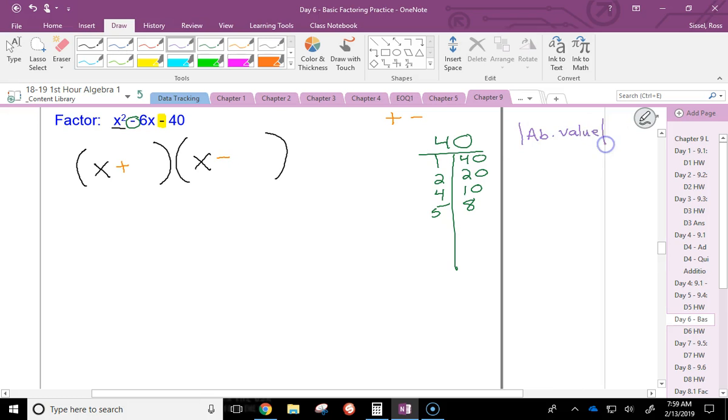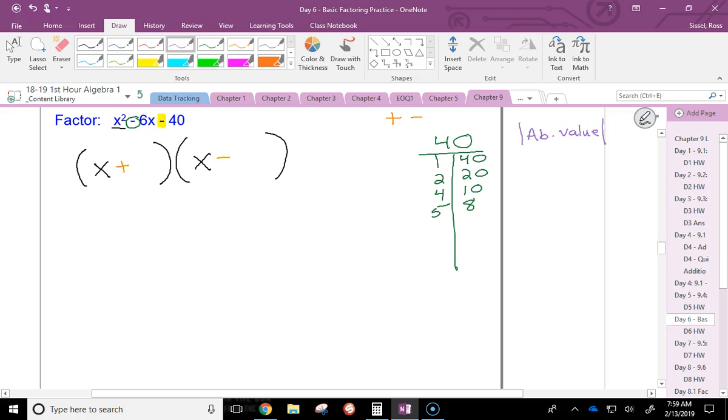What's the absolute value between the two numbers? Between 1 and 40, it's 39. Between 2 and 20, it's 18. 4 to 10, it's 6. 5 to 8, it is 3. I'm saying absolute value. I'm just subtracting the two numbers and saying how far apart are they.